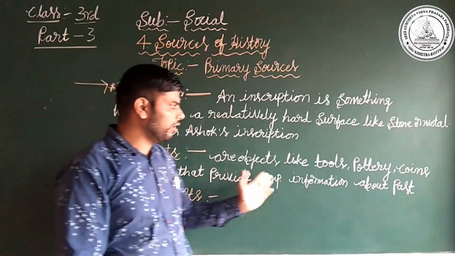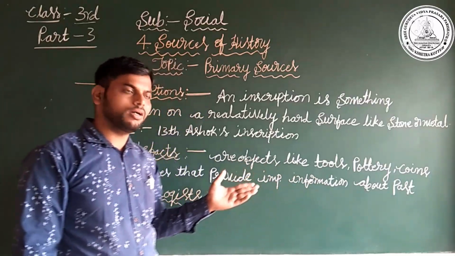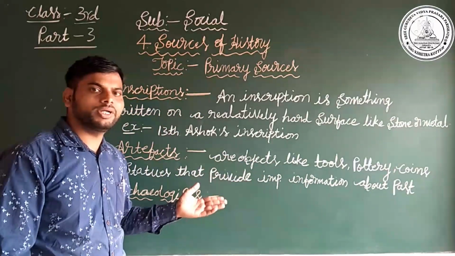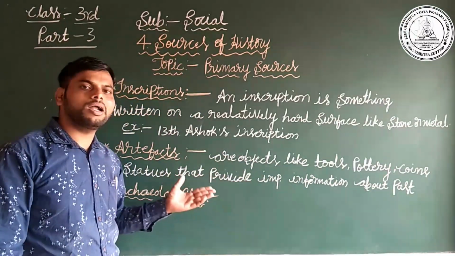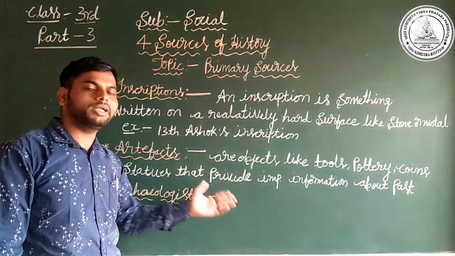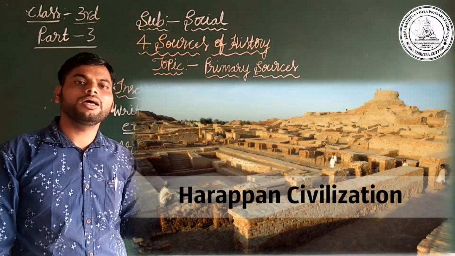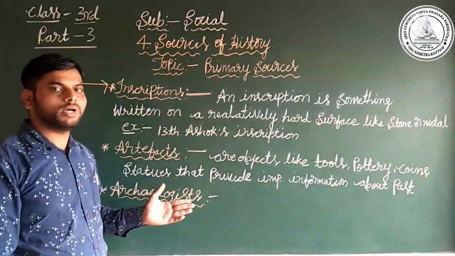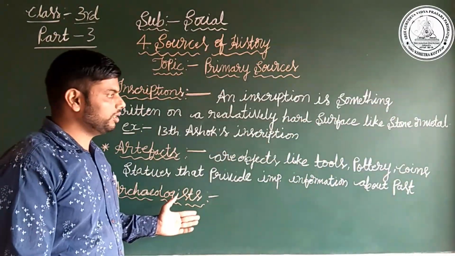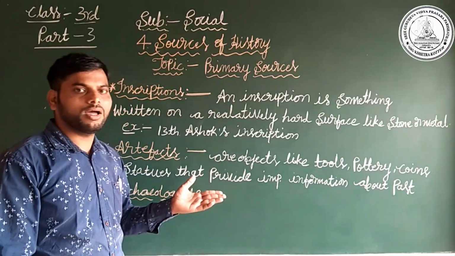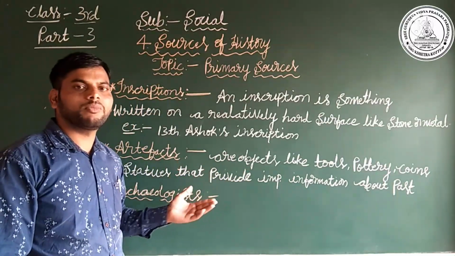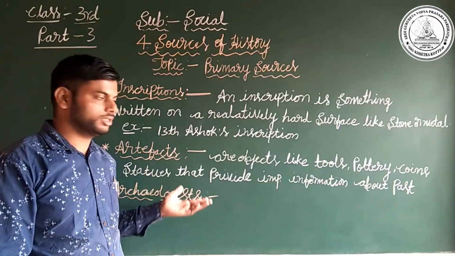We study important information about the old and most important civilization of our country, that is Harappa and Mohenjo-daro, the Indus Valley civilization. These give important information about our country, our state.